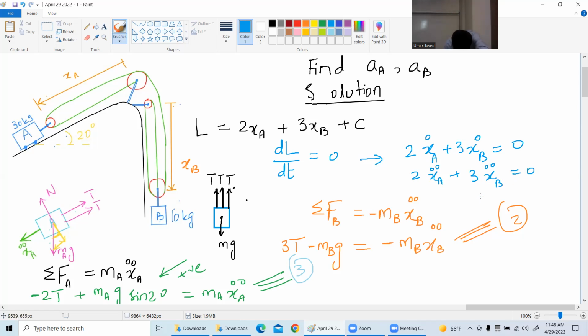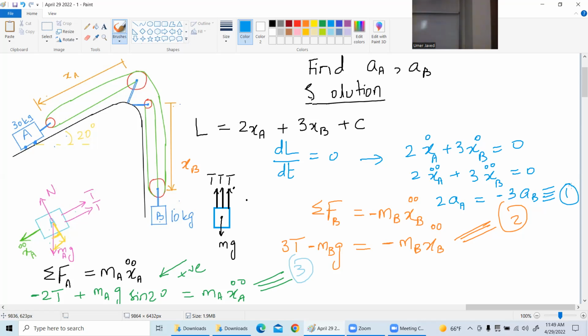So 2AA equal to -3AB, and I will call this my equation number 1, let's say. So how many equations do I have? 3 equations. My AA is unknown, AB is unknown, and tension is unknown.